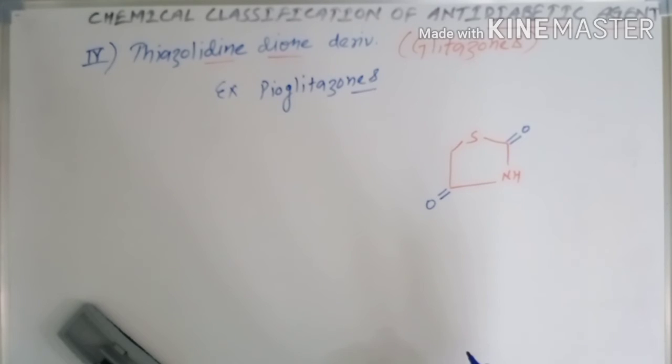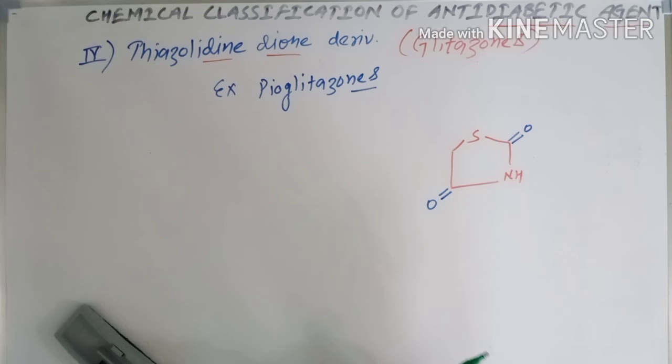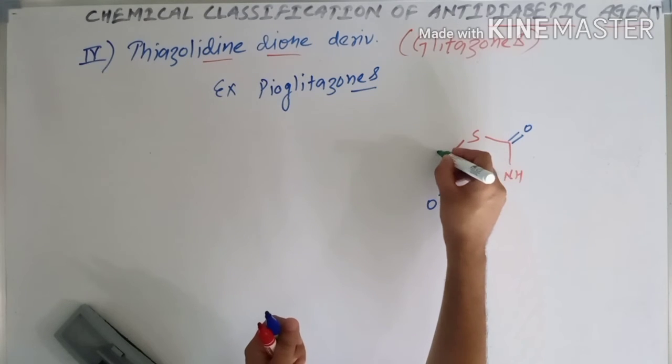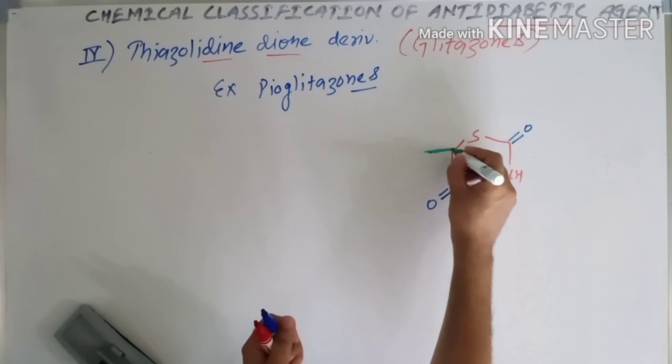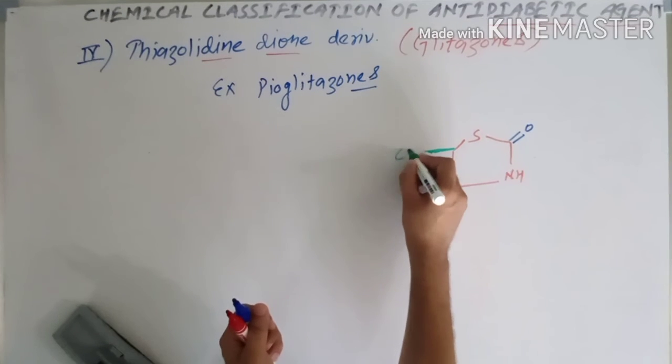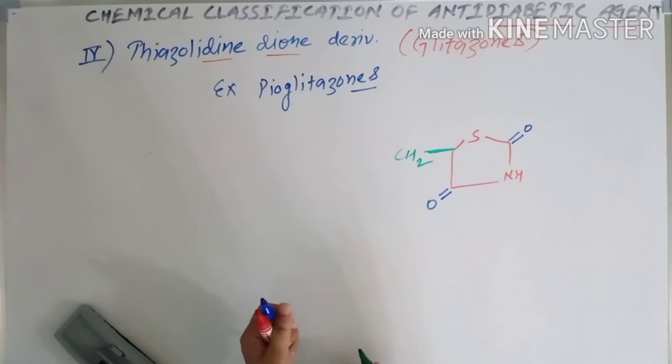Now what other functionality does the pioglitazone structure have? All the remaining substituents are present on this carbon. Here first a methylene group is there.